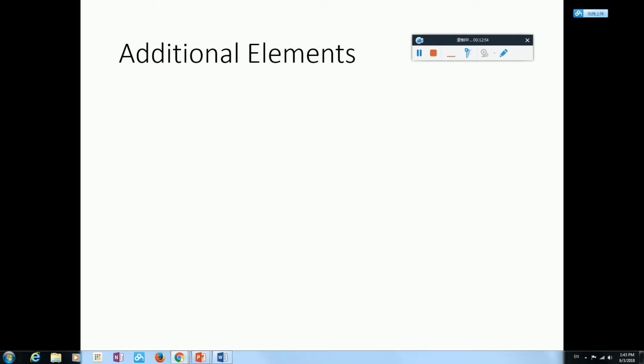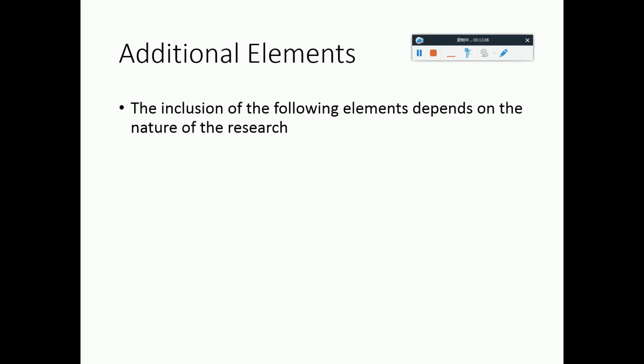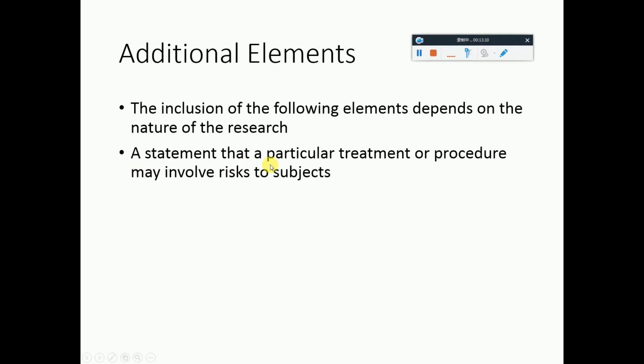Now, in addition to these basic elements that must be included in any informed consent form, some additional elements would also be included, when appropriate. For example, a statement that a particular treatment or procedure may involve risks to subjects.